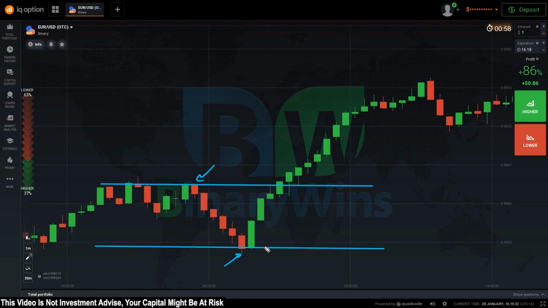It reached this level. It formed a bullish engulfing pattern. By receiving confirmation after this new high or this new high, we could enter a higher trade here. You can see that after crossing the previous momentum starting level, the candles have continued on their path.